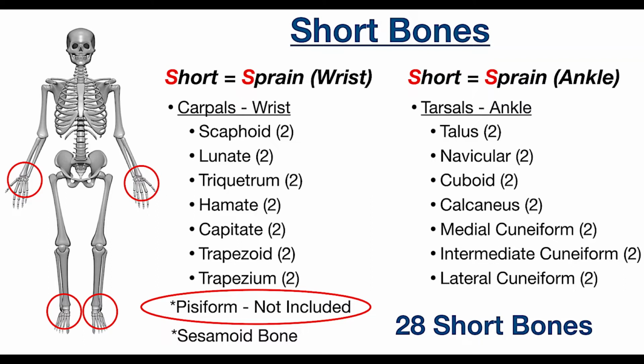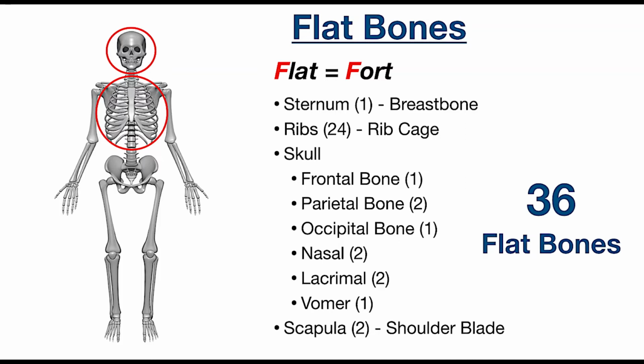Your examples are your wrist bones, your carpals, and ankle bones, which are your tarsals. Flat bones, these are generally more flat than round. Some examples would be your ribs and your skull bones.